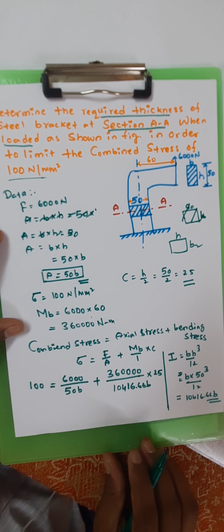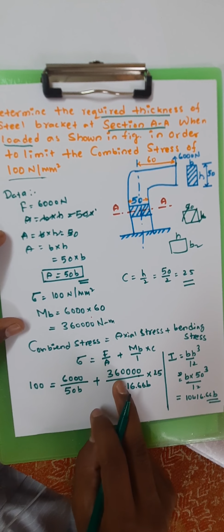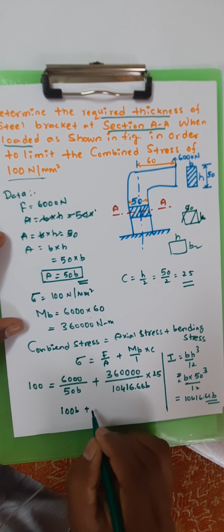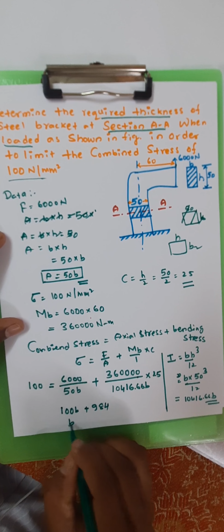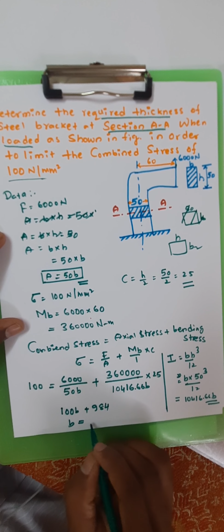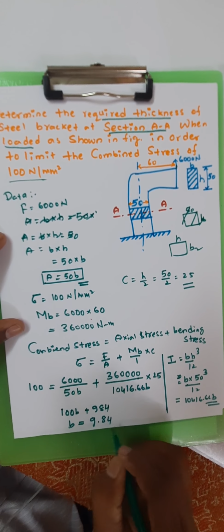If you simplify all these equations, we get 100B plus 984. Finally, if you simplify that, B is equal to 9.84 mm.